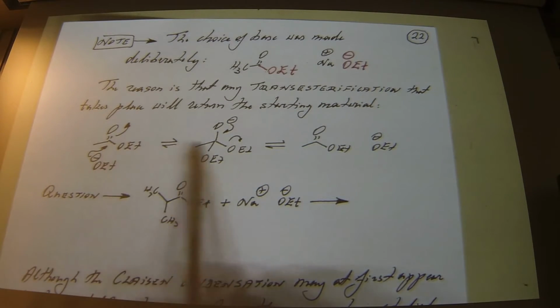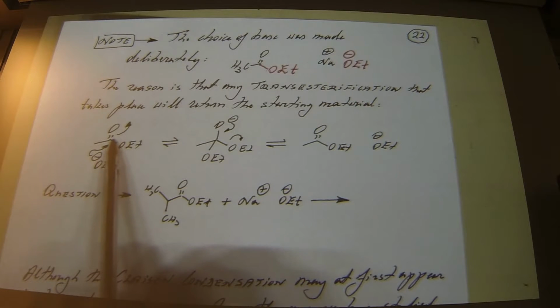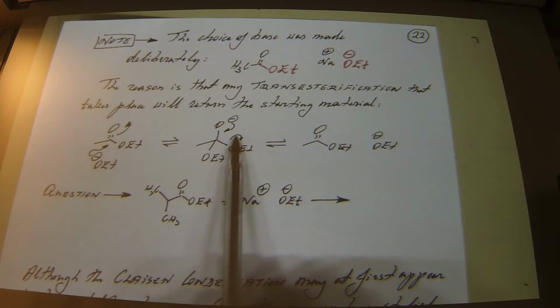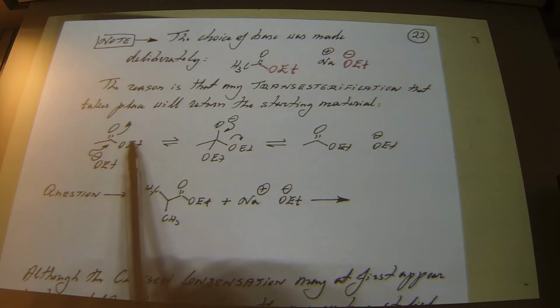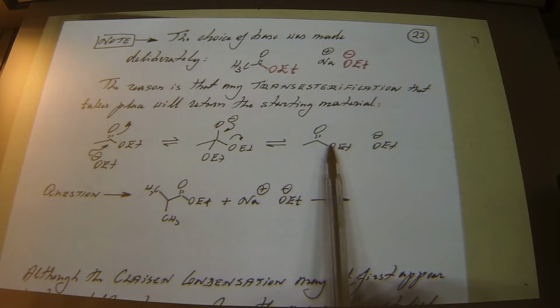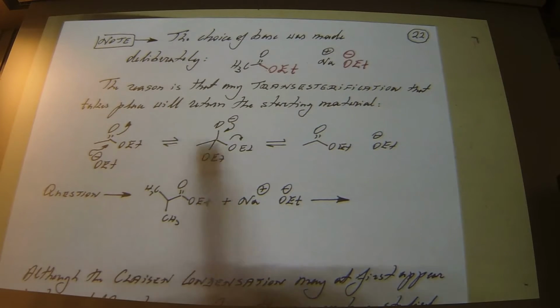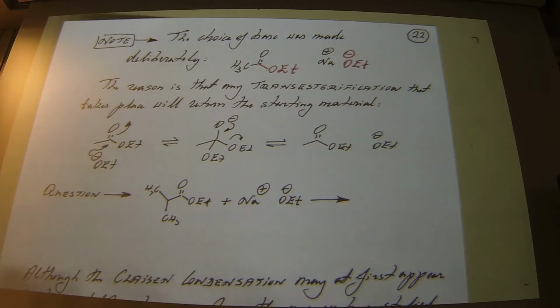And the transesterification works this way, where an ethoxide comes in, gives a tetrahedral intermediate, and it spits out ethoxide. But because it's ethoxide and ethyl, nothing changes. But if it were methoxide and ethyl, then I'd end up with a mixture of methyl esters and ethyl esters, and that might not be too useful, right? Because I end up with a mixture of two products. So that's why you end up choosing the base to match the ester.